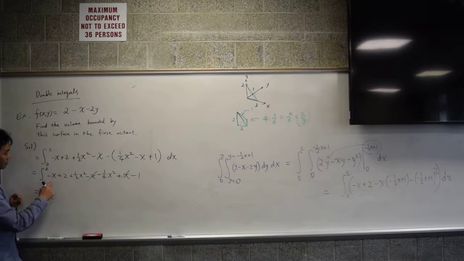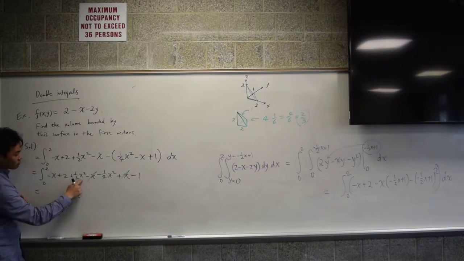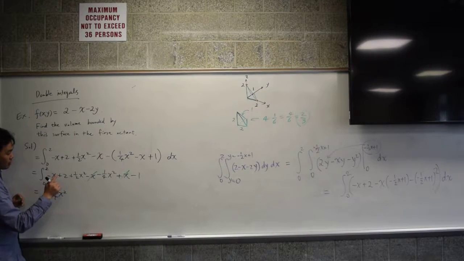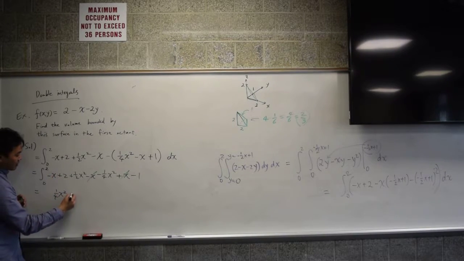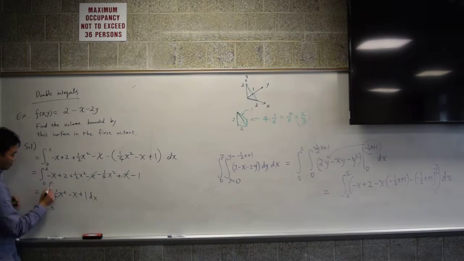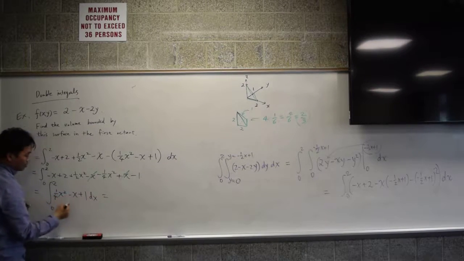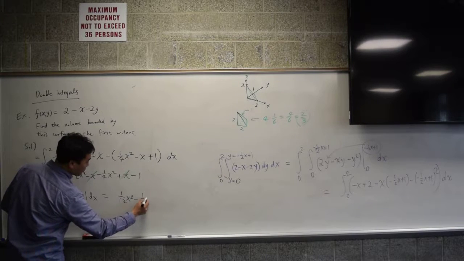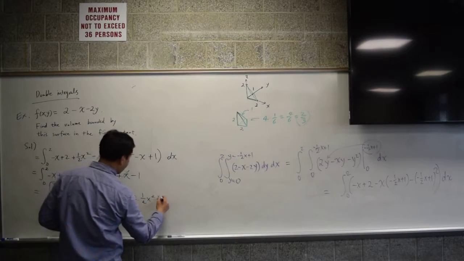And then, for x squared, you get 1/4 x squared. Then you get minus x. You get plus 1. You still need to integrate by x, 0 to 2. That's 1/12 x cubed minus 1/2 x squared plus x.